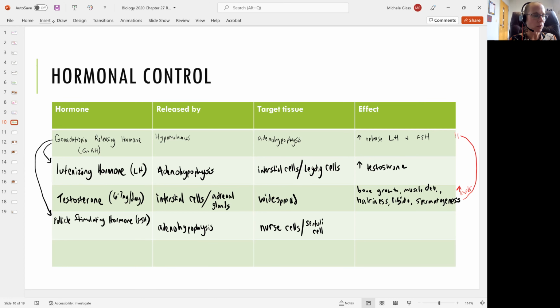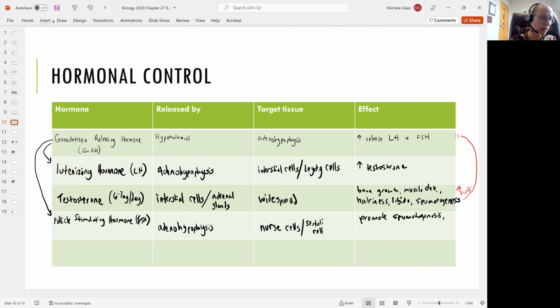The nurse cell, remember, is around the spermatogonia and kind of coordinating that whole process of spermatogenesis. So this release of follicle stimulating hormone, or FSH, is going to promote spermatogenesis.